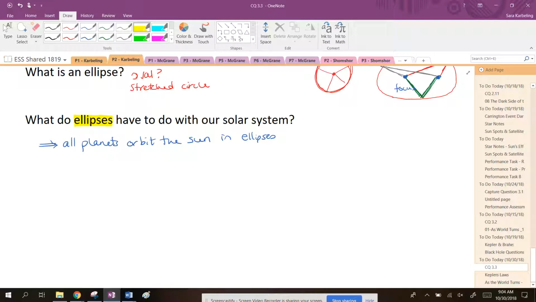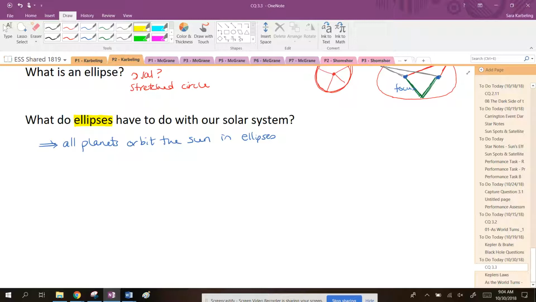He's like, hey, Brahe, you've got lots of good data. I'd like your data. And Brahe said, no. And Kepler said, oh yeah? And then something happened. Brahe had indigestion, mercury poisoning, and Kepler ended up with the data.